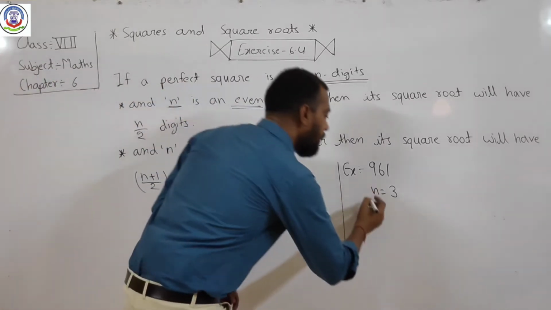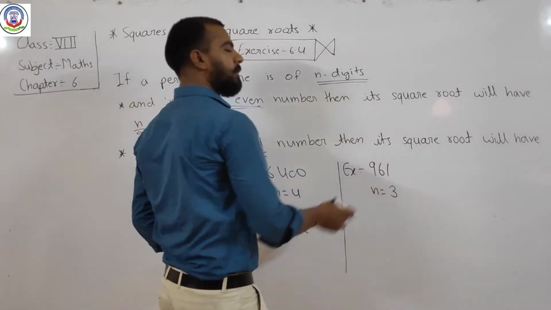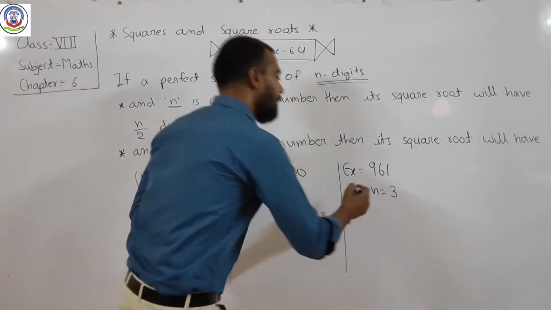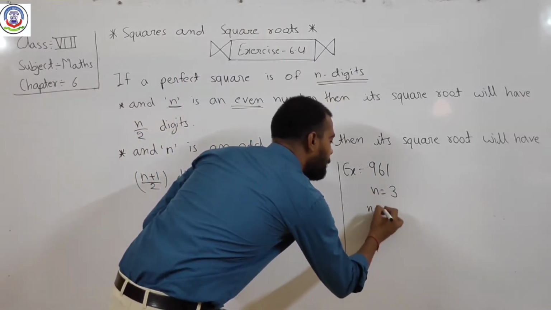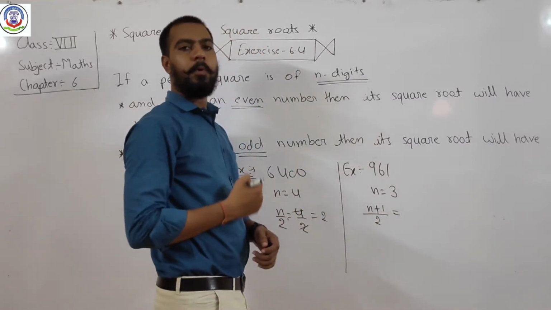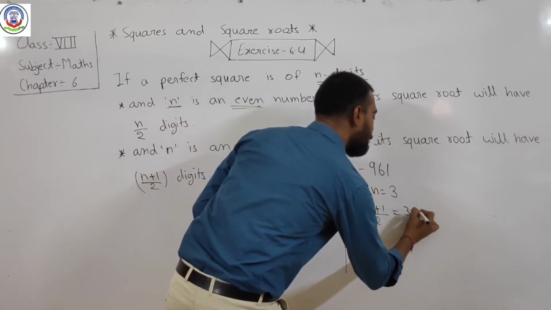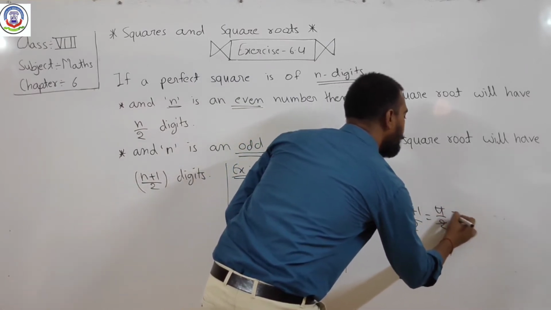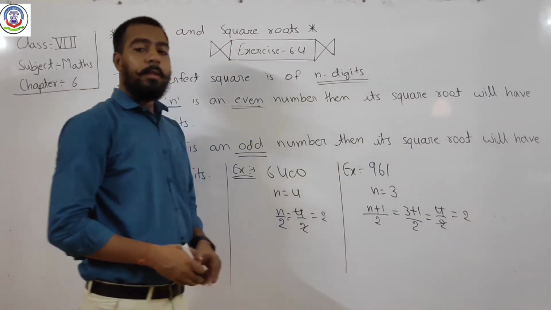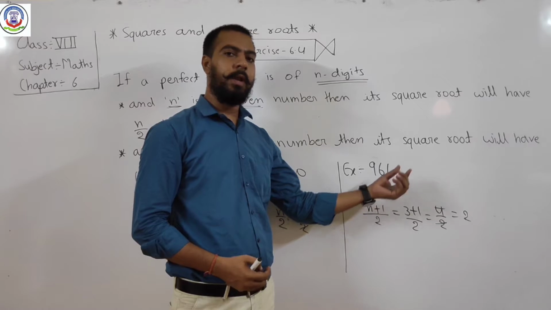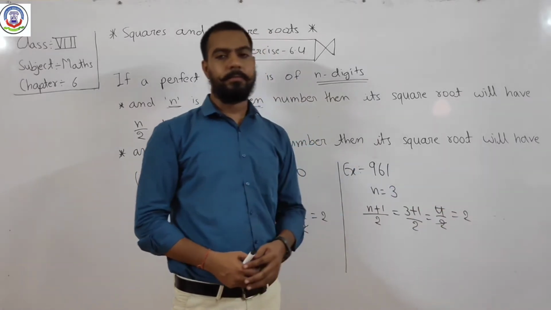So 961 has 3 digits, and the square root of 961 will have n plus 1 upon 2 digits. That means 3 plus 1 upon 2, that means 4 upon 2. That means the square root of 961 will have 2 digits.